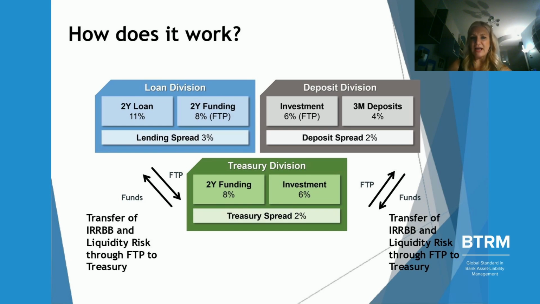So here we see the ILM division or treasury division full of mismatches, because you can imagine this is only one transaction, but they obviously have a lot of transactions on the balance sheet. And if we assume that everything goes with maturity matched funds transfer pricing, then we will be allocating to each transaction the FTP rate. This will be transferred through these virtual transactions from the asset center or liability center to treasury, and you end up with the financial risk.